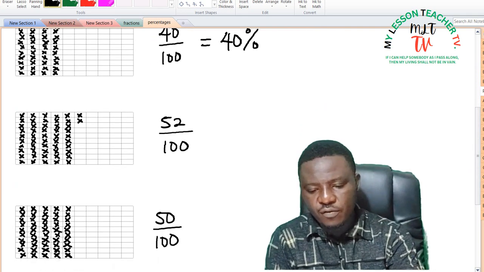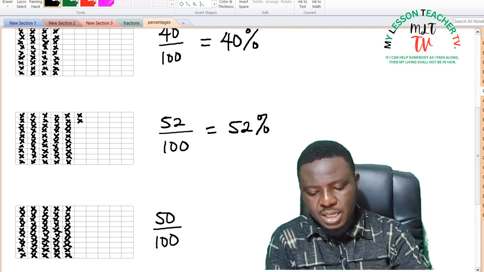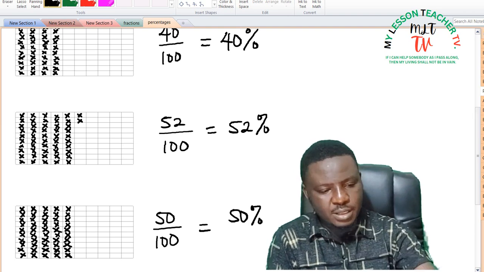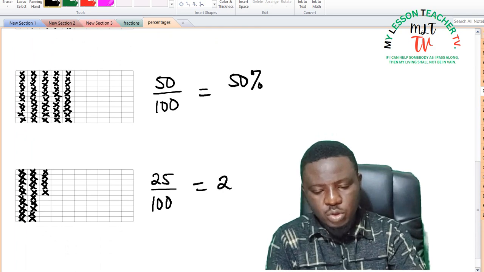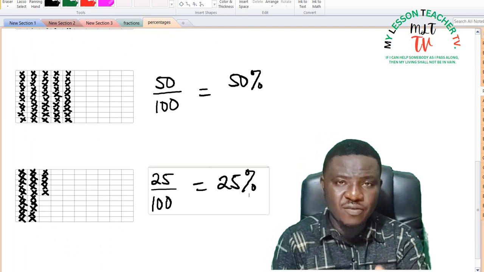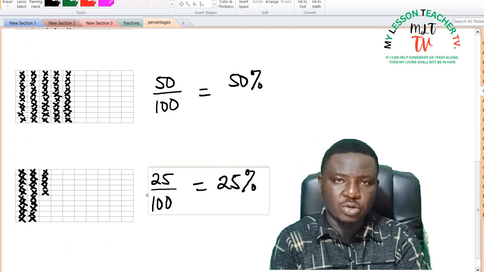While 52 over 100 is also equal to 52%, and 50 over 100 is 50%, while 25 over 100 is equal to 25%. So percentage is a fraction whose denominator is 100.